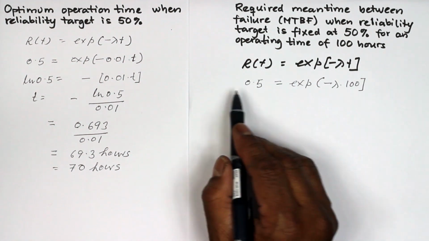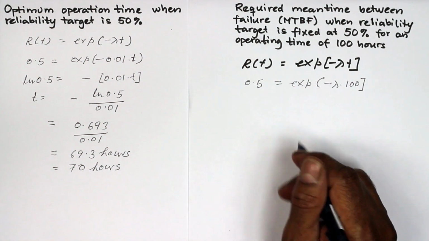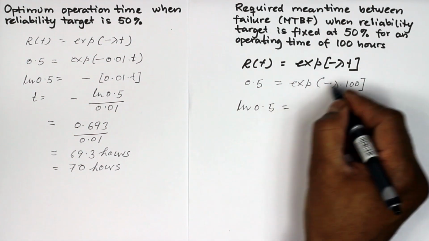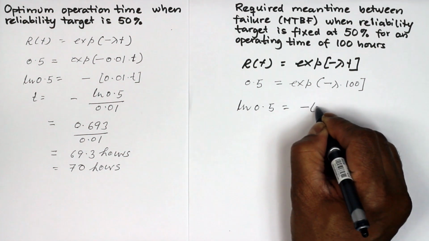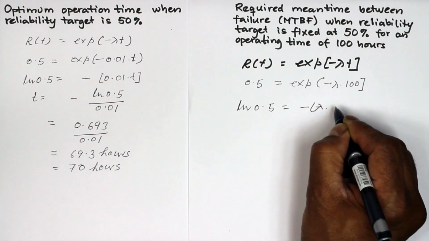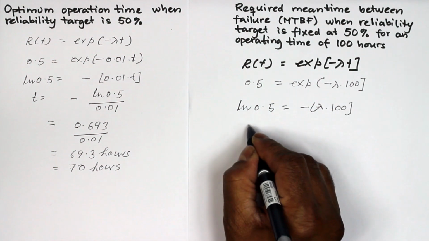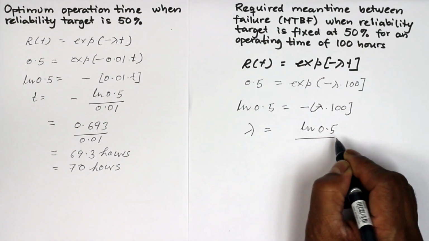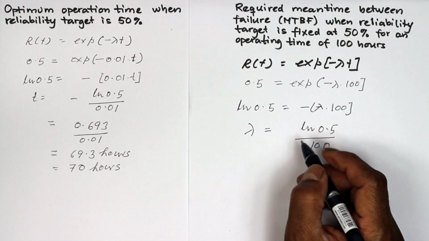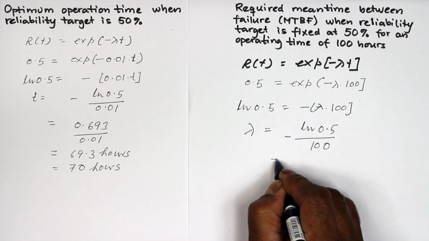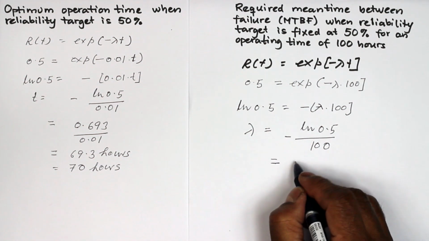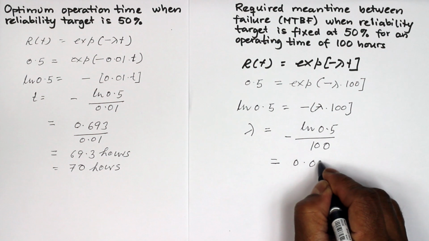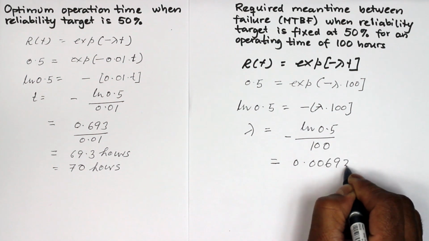Let's say again we take the natural log of both sides. That will become natural log of 0.5. Then the exponent will vanish. It becomes lambda times 100. So lambda becomes equal to minus log 0.5 divided by 100, and you get a value of roughly 0.00693.